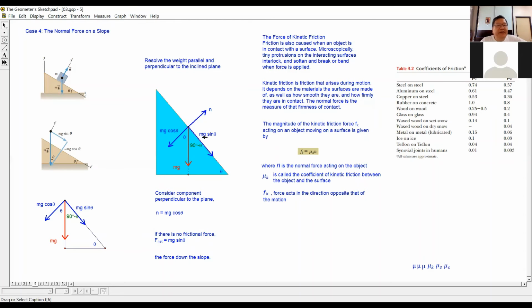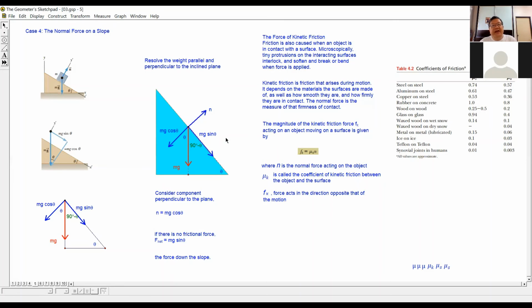Now, sometimes you may ask me, how about this mg sine theta? What is the role played by this mg sine theta, which is parallel to the slope? I can tell you that if the slope is smooth, nothing is preventing the object from sliding down the slope.